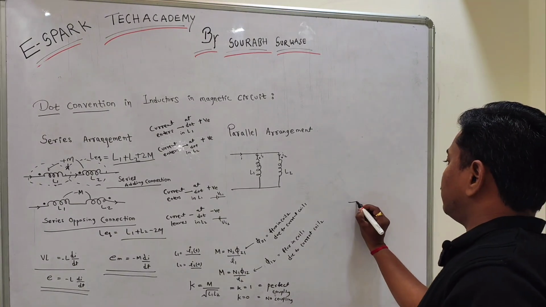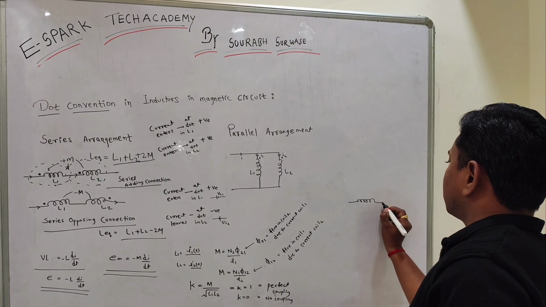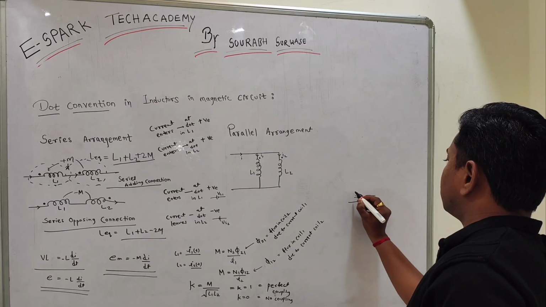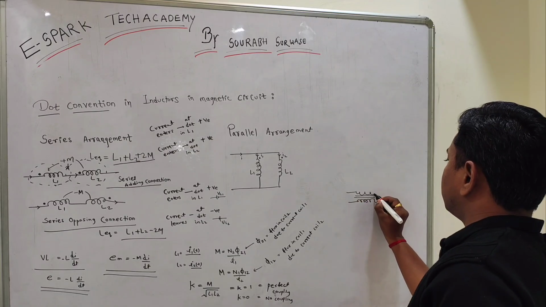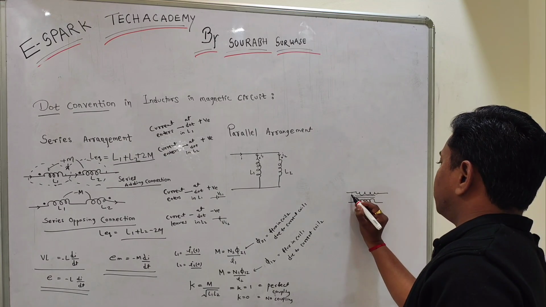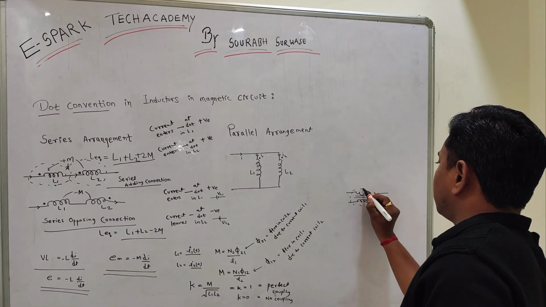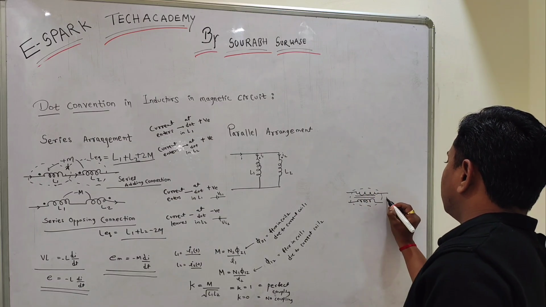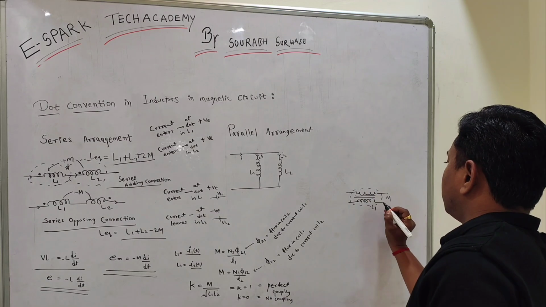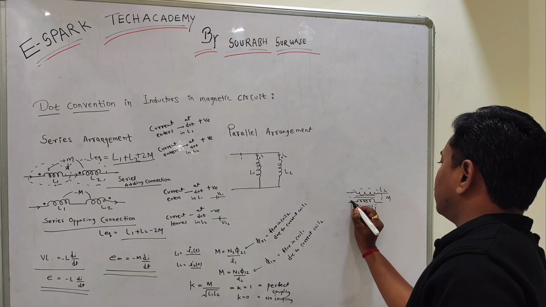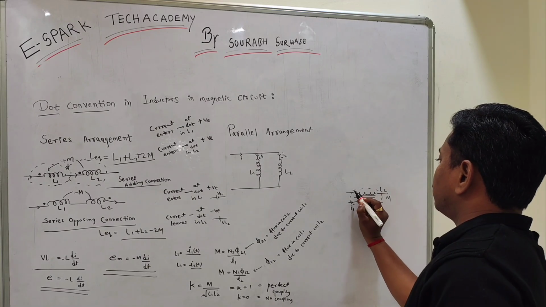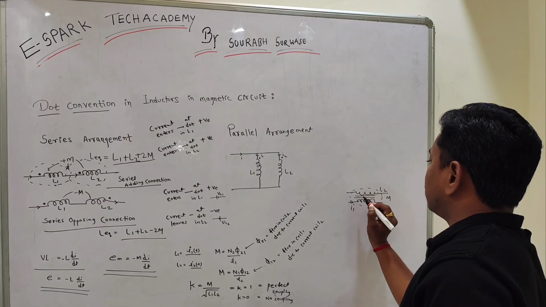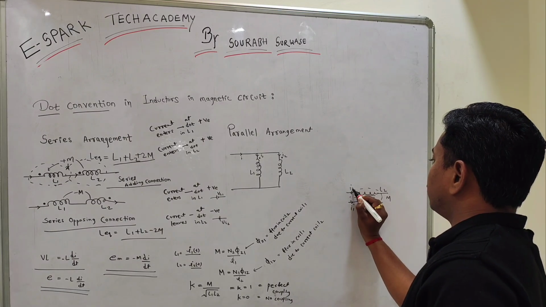The same way, you can also take this mutual inductance concept like this. Here M will be present, with L1 and L2. Here is I1, and here it is I2.